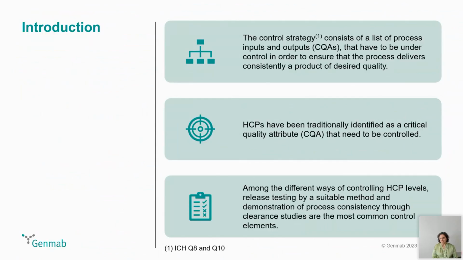But this control strategy has different levels of controlling HCPs. Normally, you will have release testing by a suitable method that demonstrates the process consistency, and you also will have clearance studies to show that most of the HCPs have been removed.